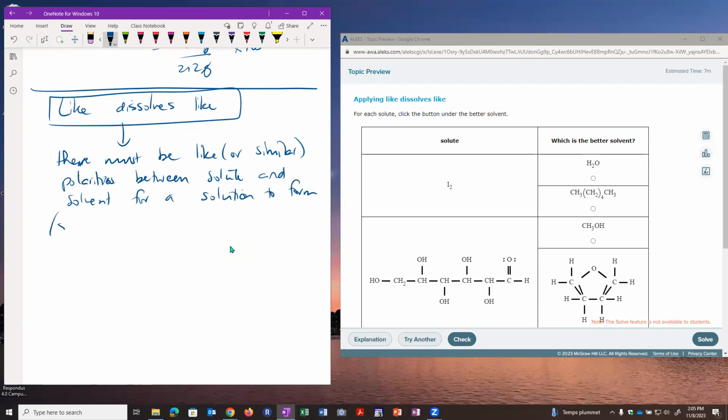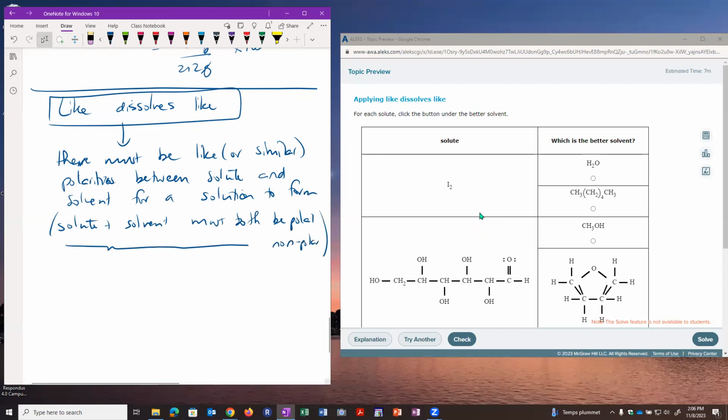Okay, so both the solute and the solvent must be polar, for example, or the solute and the solvent must both be non-polar. So like dissolves like, similar polarities between the two components.